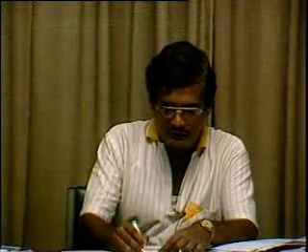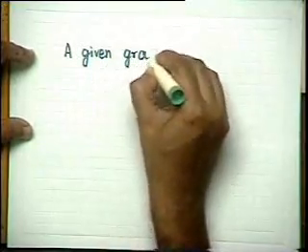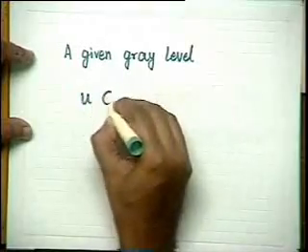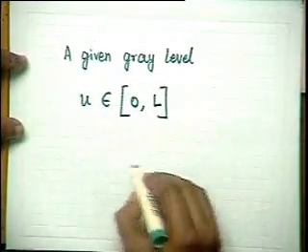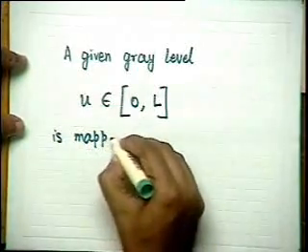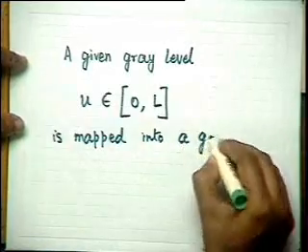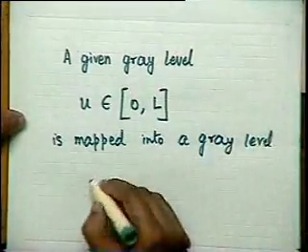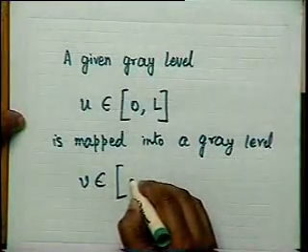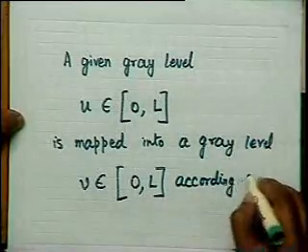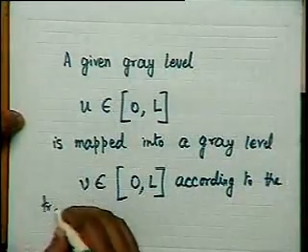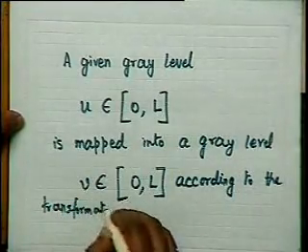Now analytically I am going to write it in a better way. Given a gray level u, let us assume that u is in the range 0 to capital L. This u is mapped into a gray level V, which belongs to the domain again 0 to L, according to a very simple transformation.